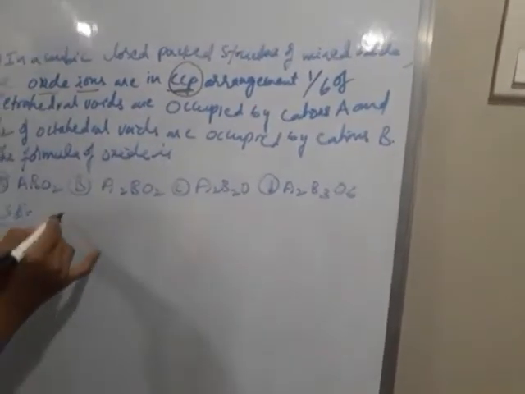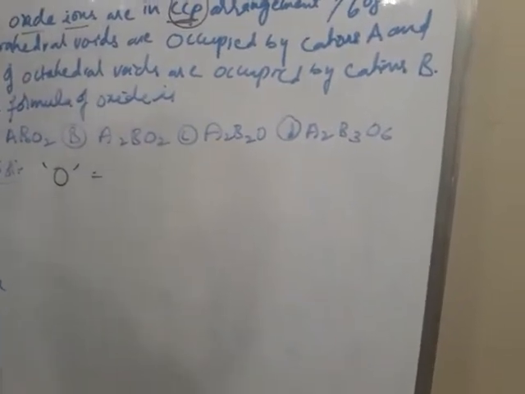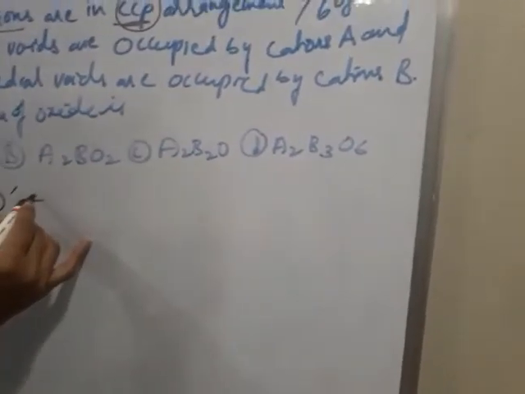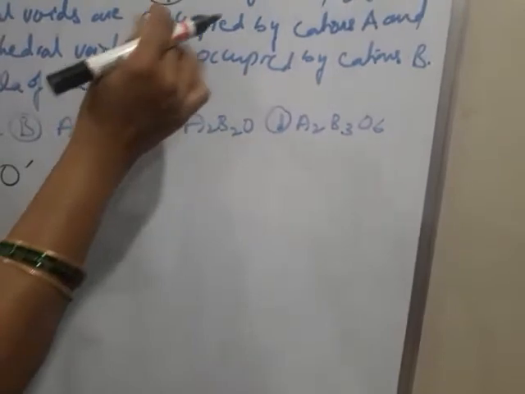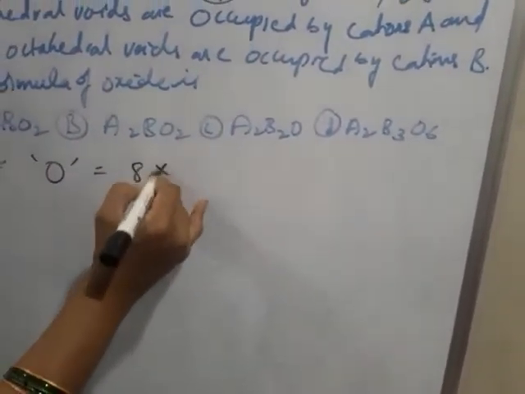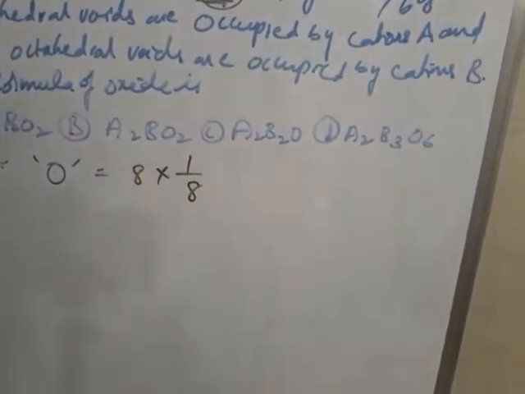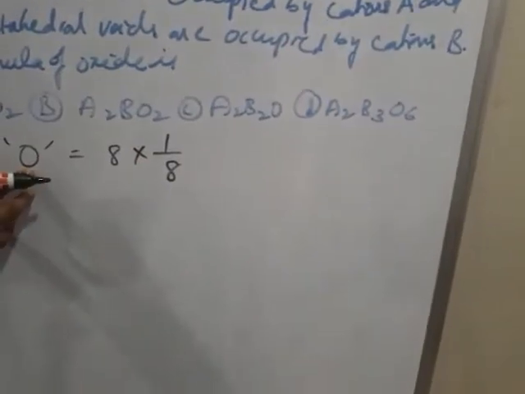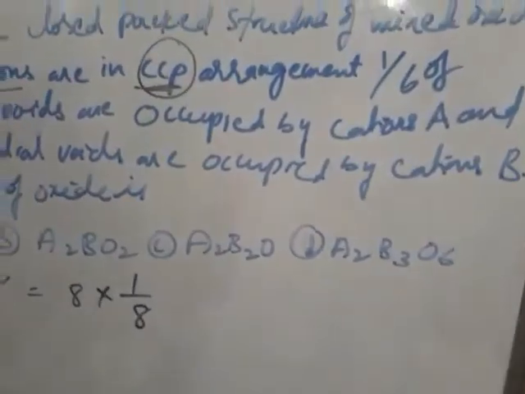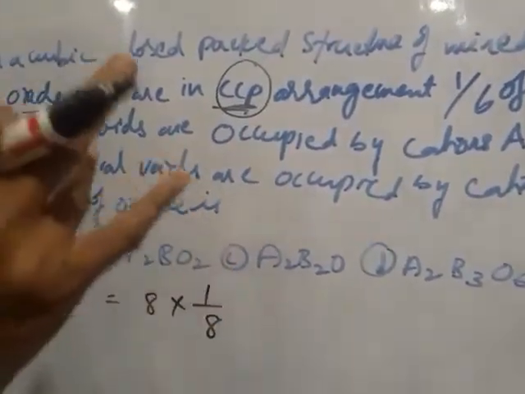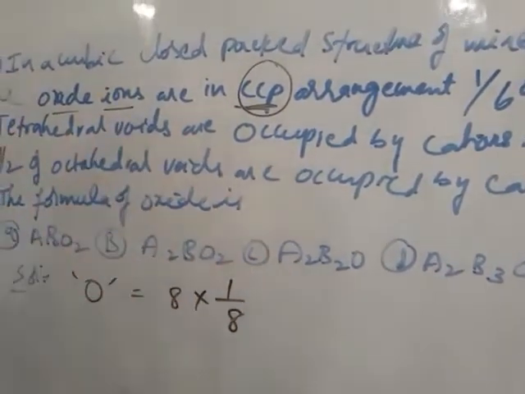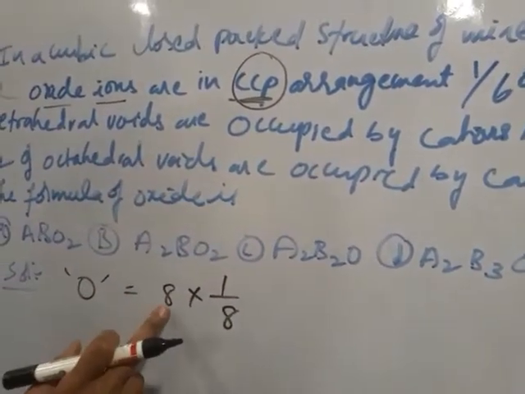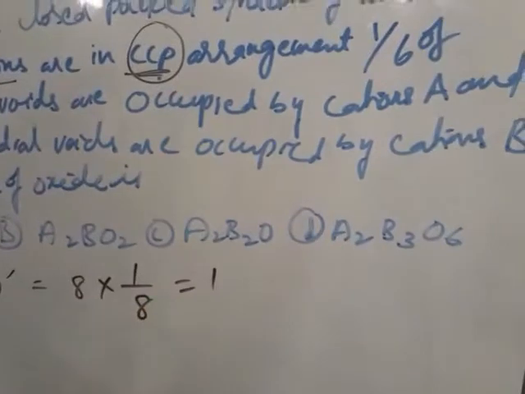So the number of oxide ions is equal to 8 into 1/8. Why? Because oxide ions are in CCP arrangement, and we have to calculate all the corner points and also the face centered points. So 8 into 1/8 is equal to 1.